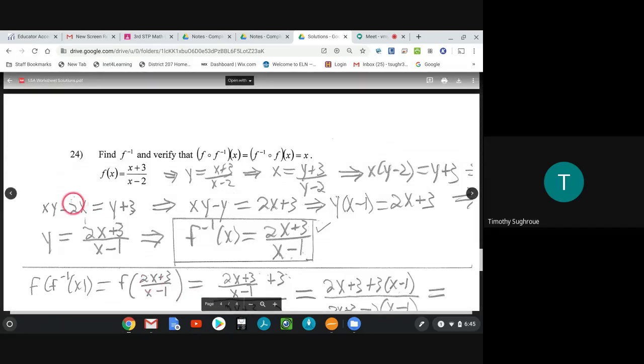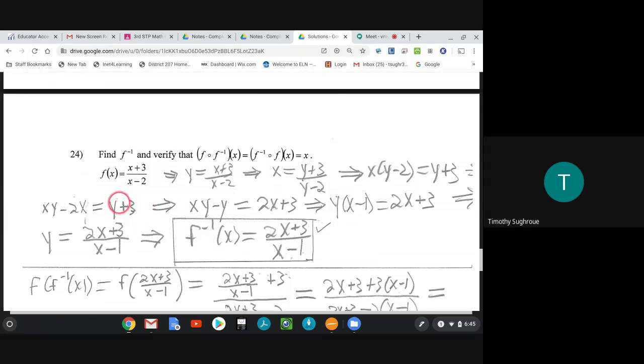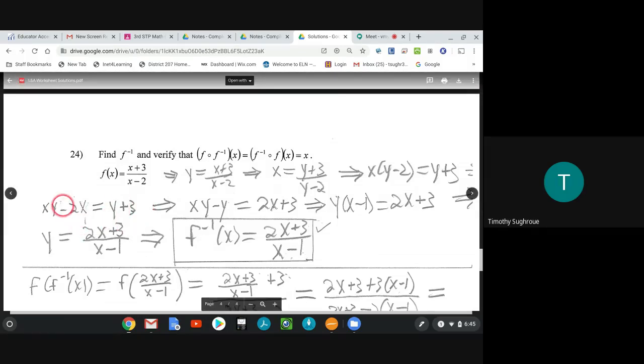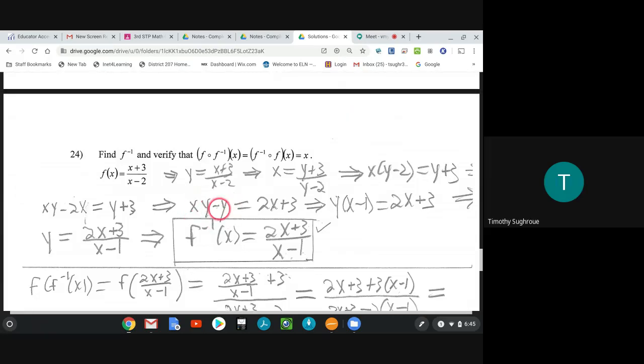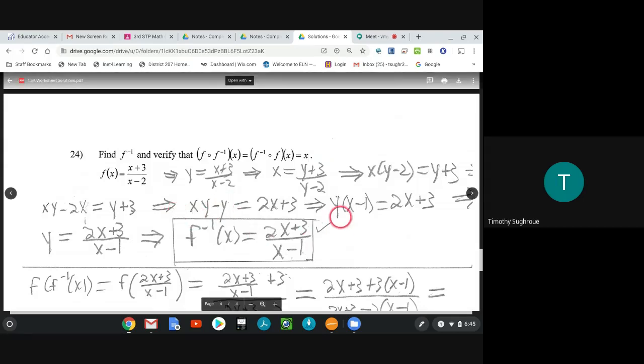So I'm going to add this 2x to the right-hand side, and I'm going to subtract the y from the left-hand side, so that I get every term involving y on one side of the equation, and all terms not involving y on the other side. Why do I do that? Because now that every term involves y on this left-hand side, I can factor y out front.